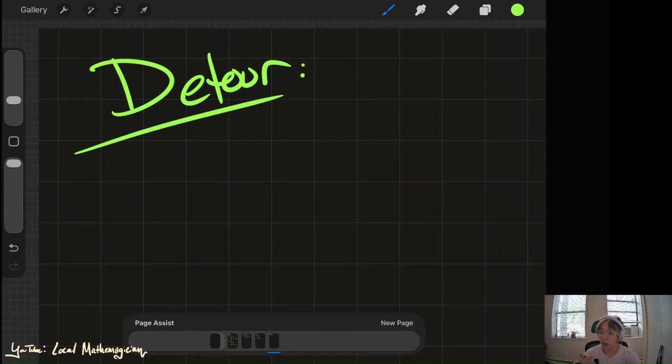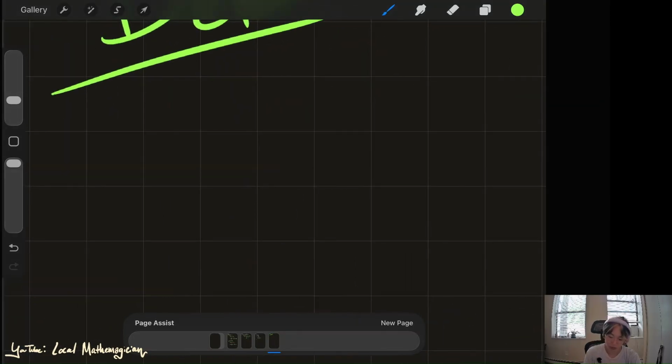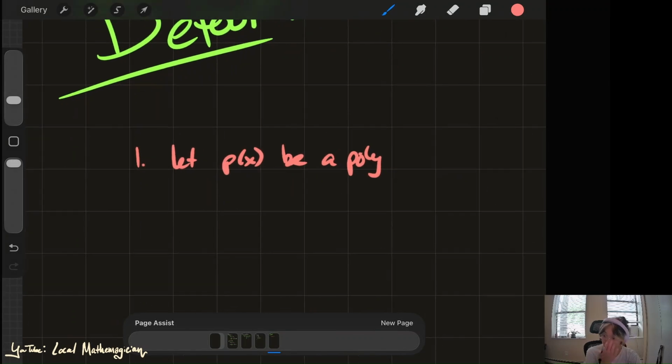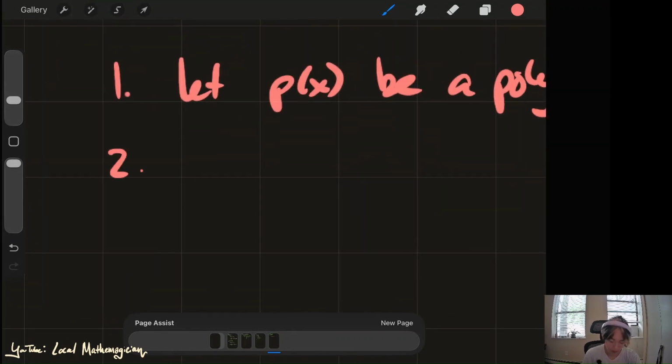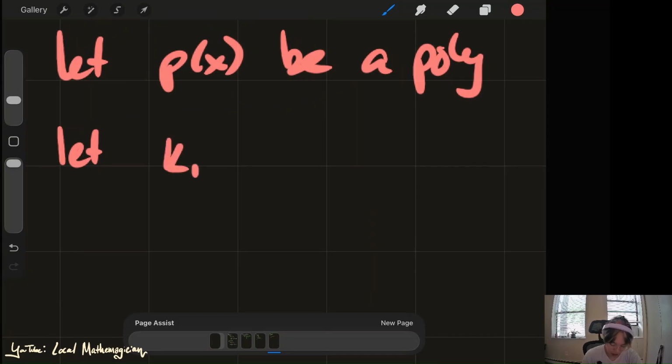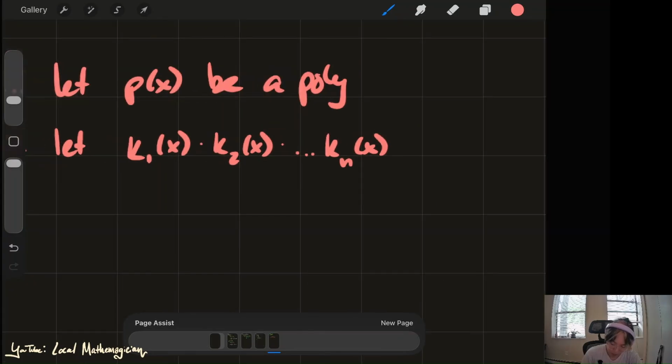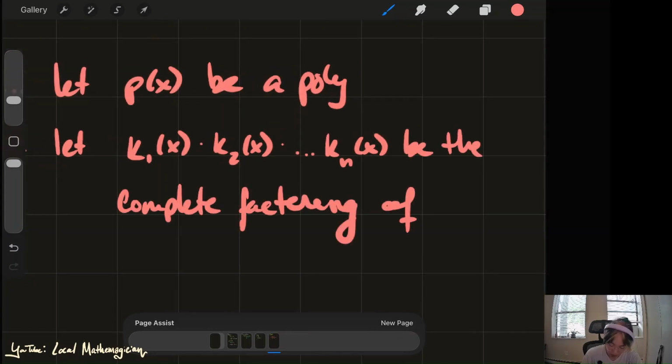If you do not know how to graph a polynomial equation, lock in, okay? Here are some things. One, let p of x be a polynomial. Two, let k1 of x times k2 of x times kn of x be the complete factoring of p of x.